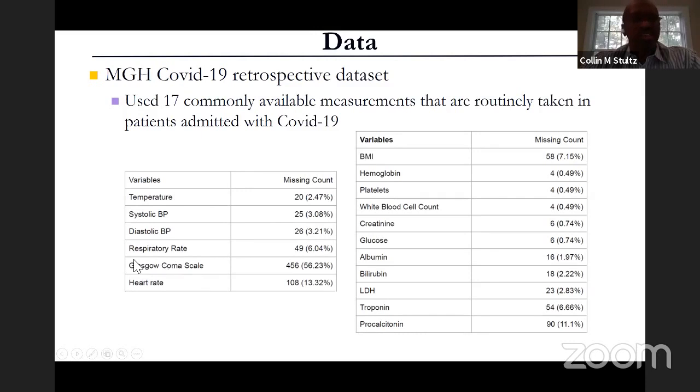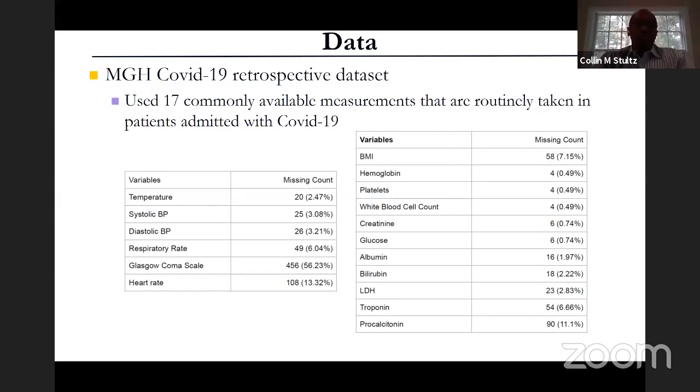Glasgow Coma Scale, not that often, but there are other lab values that are pretty well represented within the data set. There is some degree of missingness here. I alluded to the Glasgow Coma Scale, and there are some other lab values, troponin, procalcitonin. But we wanted to see how well we could do just by using these variables themselves. You put them into a standard logistic regression model.